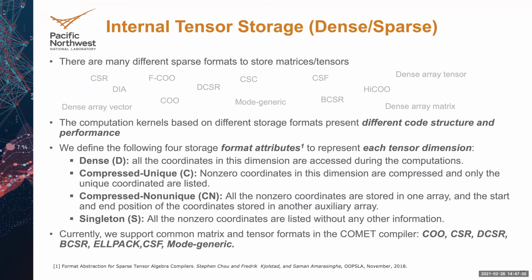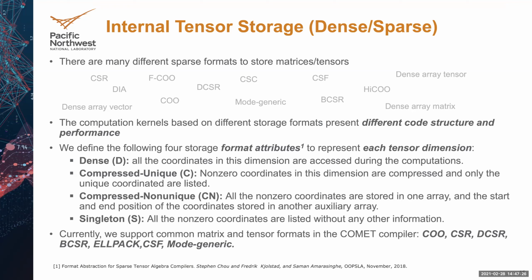So what we did, we looked at the literature and leveraged the TACO work, and used a similar approach to represent the sparsity of each dimension. We define 4 attributes in our compiler: dense, compressed unique, compressed non-unique, and singleton.